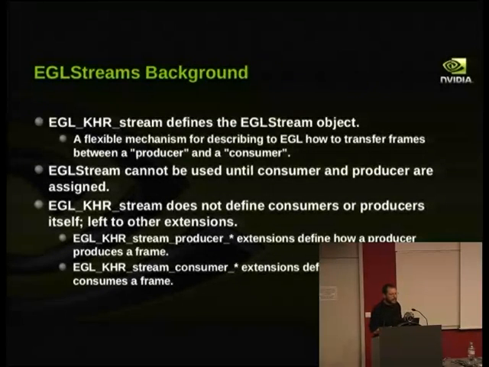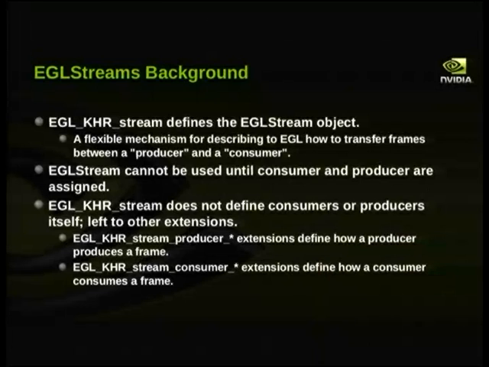So a little bit of background on EGL streams in case you're not familiar with it. So there's several EGL Khronos standards that define a new object in the EGL spec called the stream. So it's a flexible mechanism for describing how to transfer frames between a producer and a consumer in EGL stream terminology. So an EGL stream isn't useful until you connect it to a producer and a consumer.